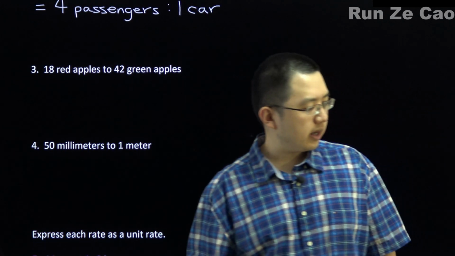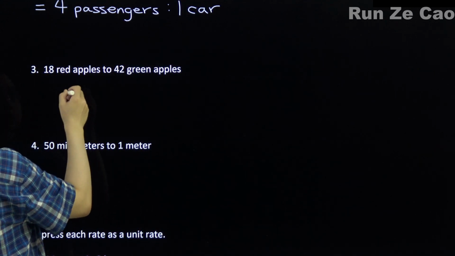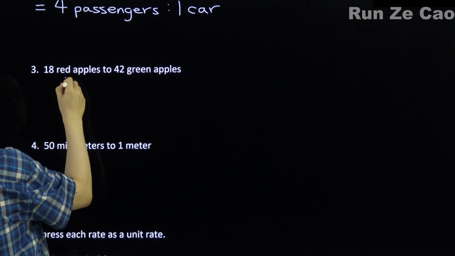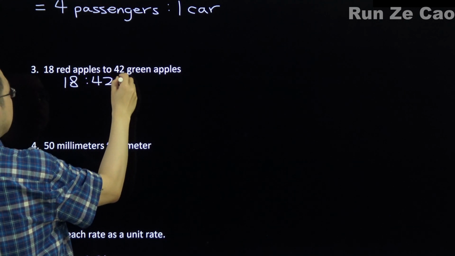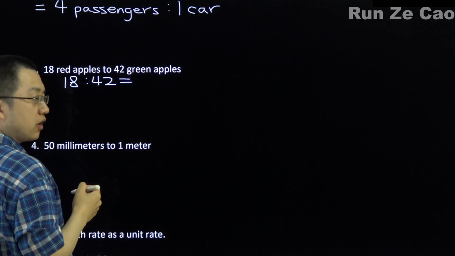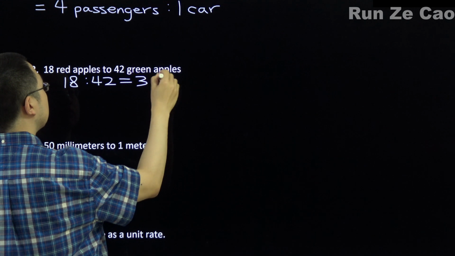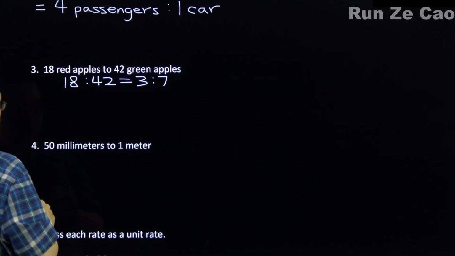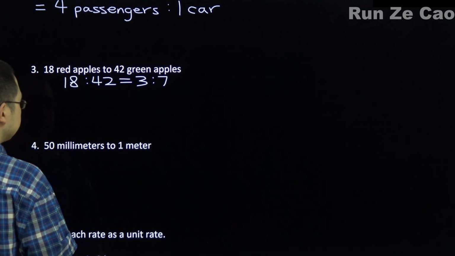Now, 18 red apples to 42 green apples. 18 apples to 42 apples is equal to, both of these are multiples of 6, so 3 to 7. 50 millimeters to 1 meter.